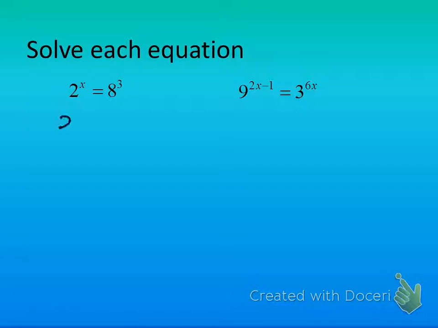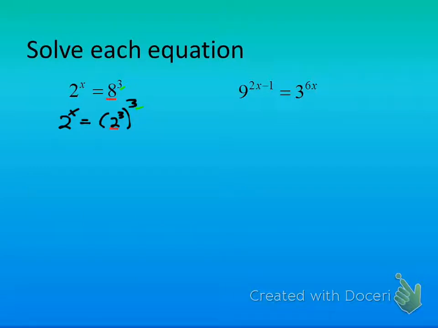So the left side stays the same, so 2 to the x equals. You rewrite 8 itself as 2 to the 3rd power. Okay, so that's 8. And then that's all still being cubed. So you have to cube that as well. So 2 to the 3rd to the 3rd.